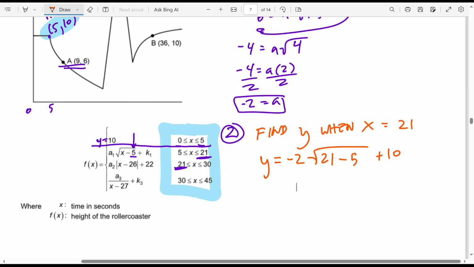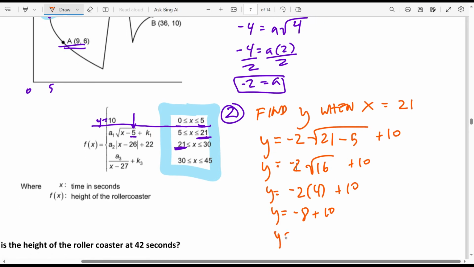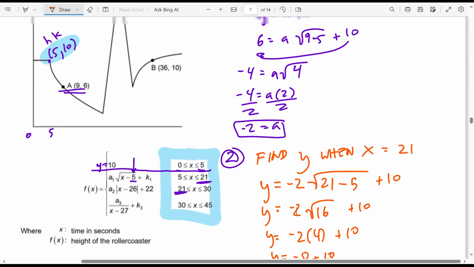So it's always like find a rule and then immediately use that rule. So then y is equal to negative 2 times square root of 16. y is equal to negative 2 times 4. y is equal to negative 8 plus 10. y is equal to 2.